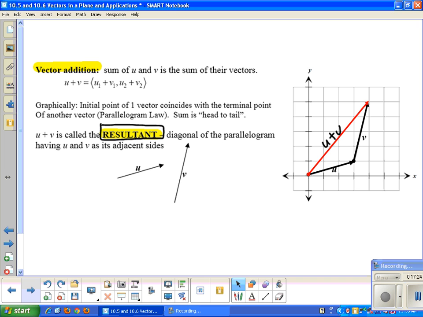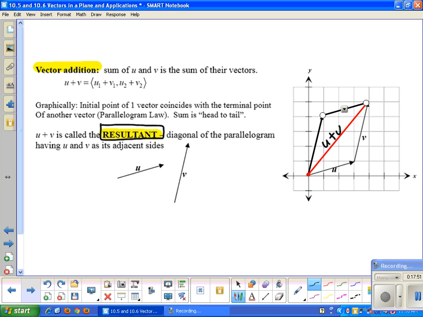And the way that I can find that u plus v is I can just add, we have our head to tails right here with this side u and v and add them together. Or the parallelogram law says that if I move this to here, because I'm not changing the direction of that, nor am I changing the length, and if I move this one here, again, I haven't changed the direction or the length of vector v or u.